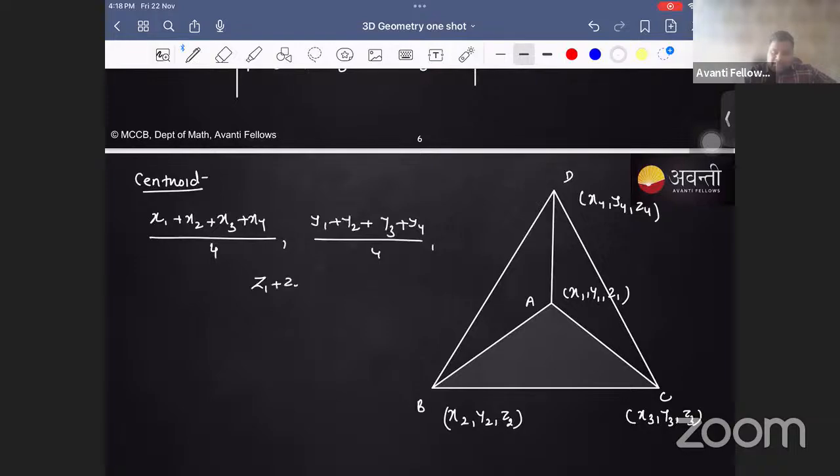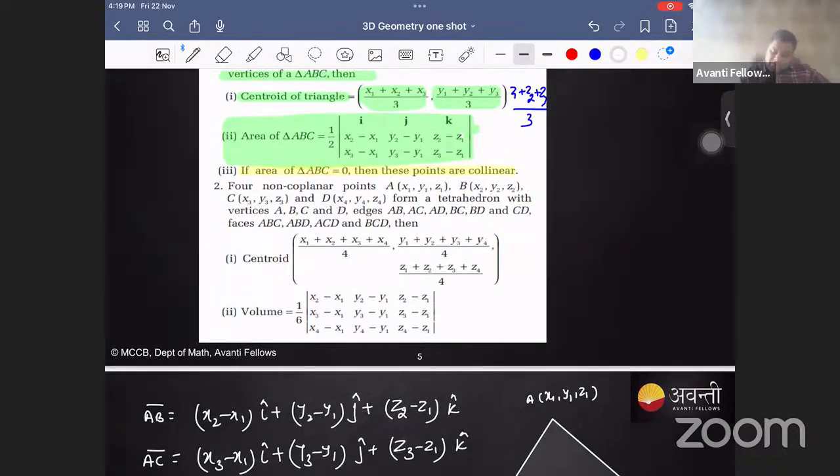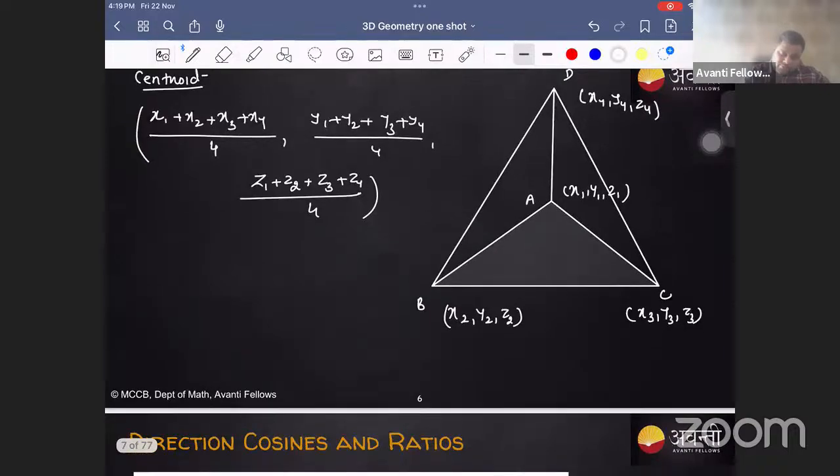Similarly, z1 plus z2 plus z3 plus z4 upon 4. Am I clear?